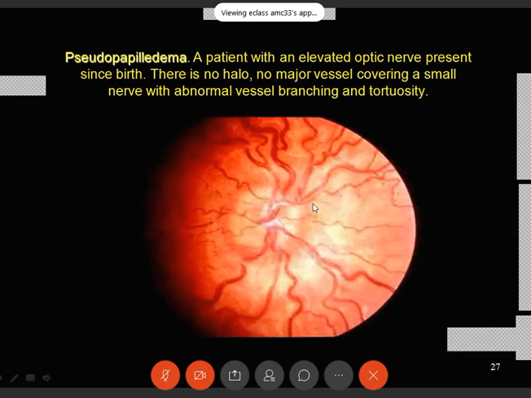There is abnormal branching of the vessels and abnormal tortuosity of the vessels. This is pseudopapilledema. Pseudopapilledema is not a physiological condition, and it is not associated with raised intracranial tension.